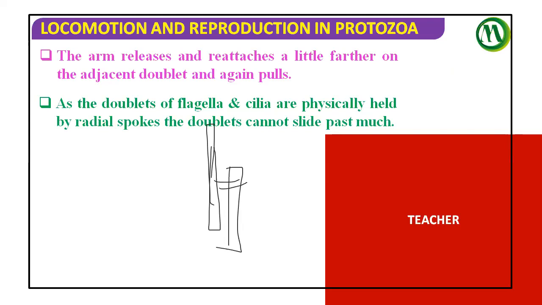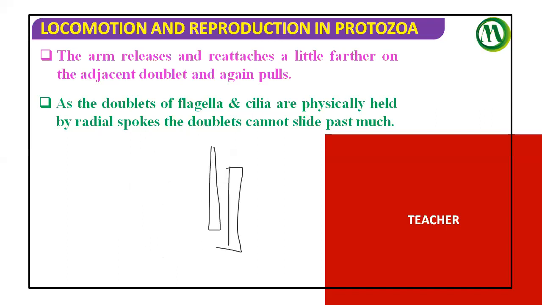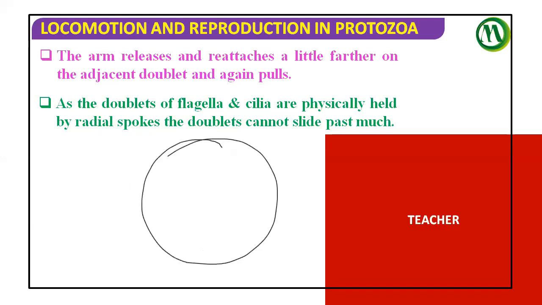As the doublets of flagella or cilia are physically held by radial spokes, the doublets cannot slide too much. We discussed the radial spokes: each doublet is connected to the inner fibrous sheath with the help of radial spokes. Let me show you the radial spokes. When they are pulling, adjacent microtubular doublets are pulled.